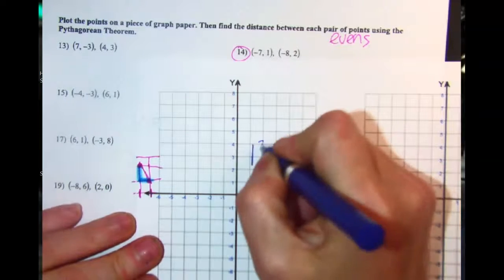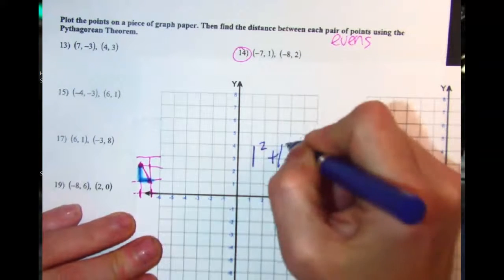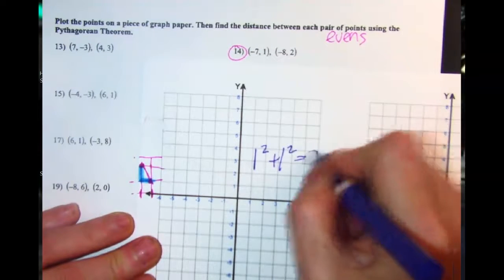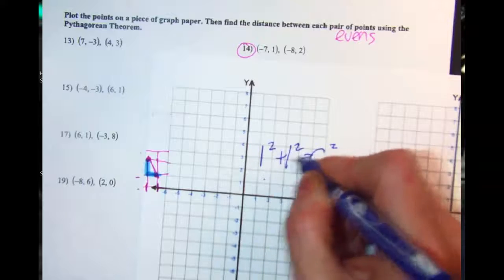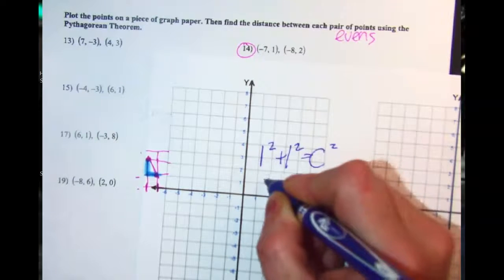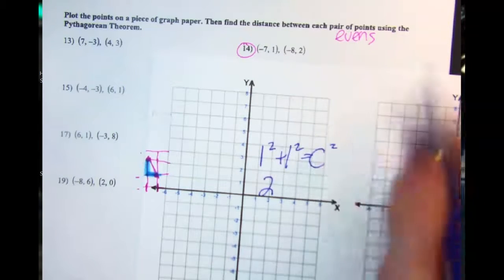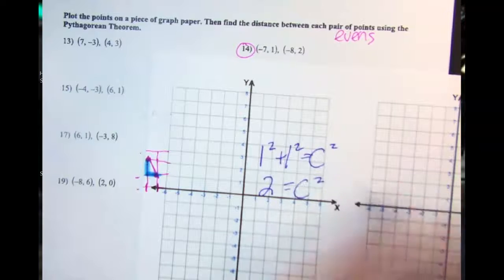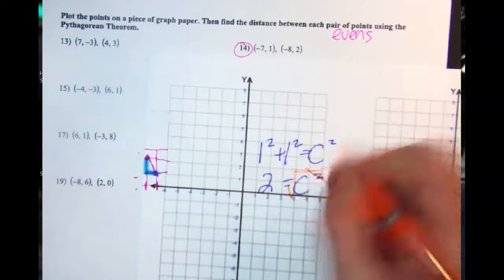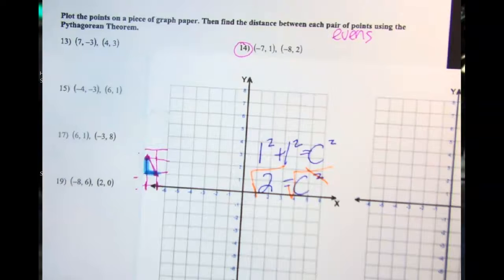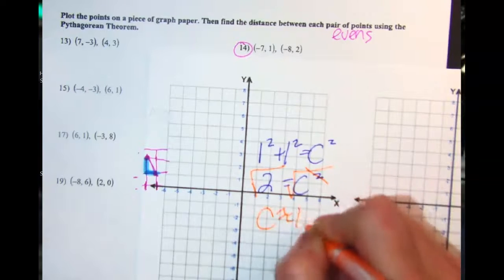So I do 1 squared plus 1 squared equals c squared. It's that easy. It's actually 1 plus 1, so you should just get 2, because 1 plus 1 equals c squared. Our last step is to take the square root and undo it. So the square root of 2, second square root key 2, c is about 1.4.